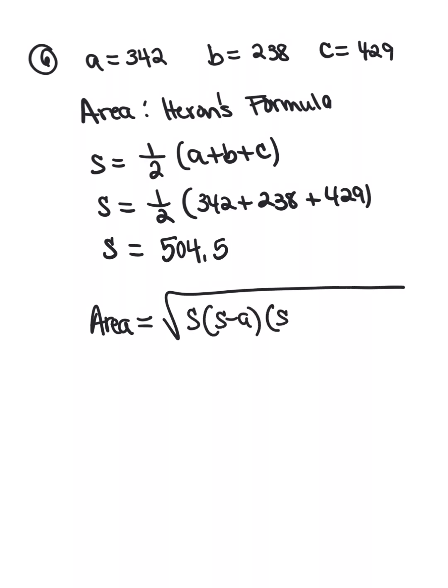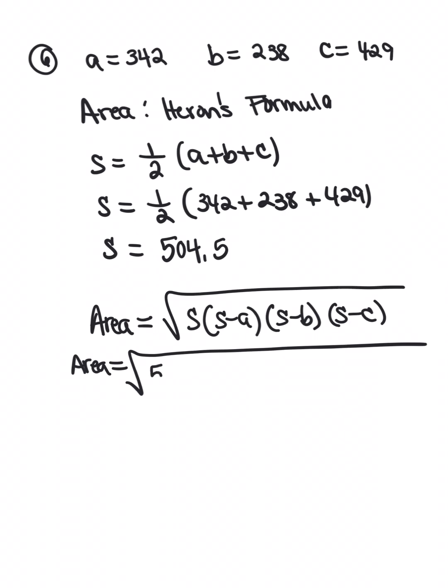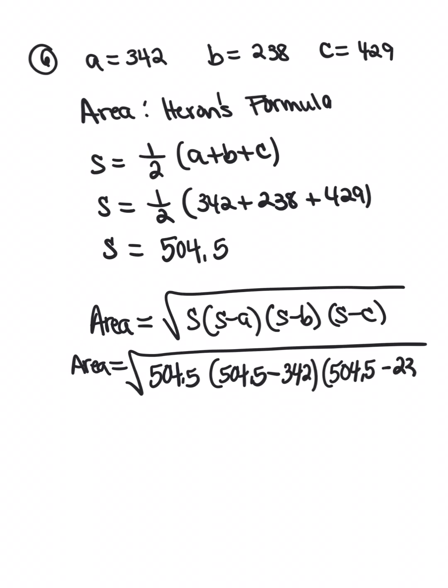And to actually find the area, now we're going to do the square root of S times S minus A times S minus B times S minus C. So the area is equal to the square root of 504.5 times 504.5 minus 342 times 504.5 minus 238 times 504.5 minus 429.